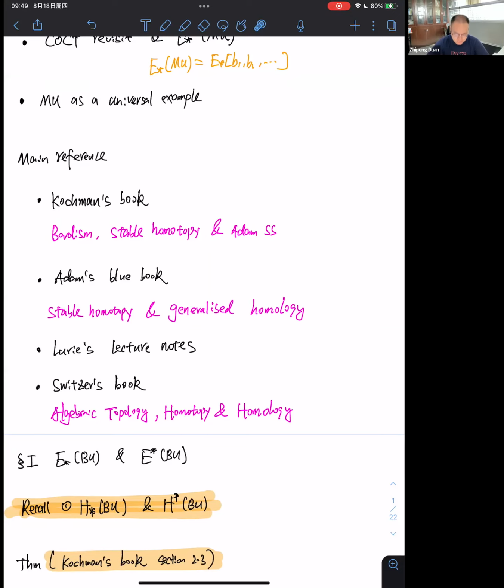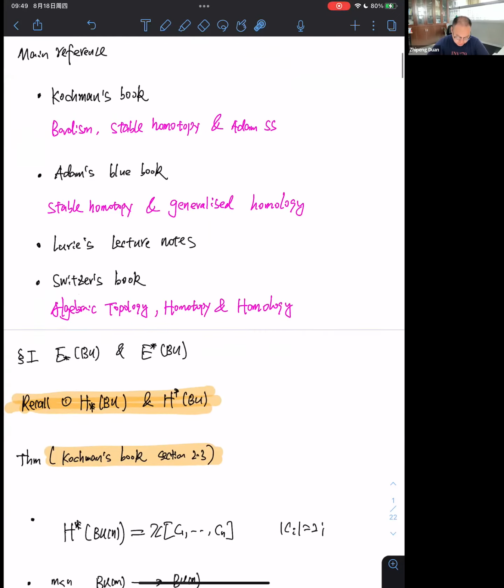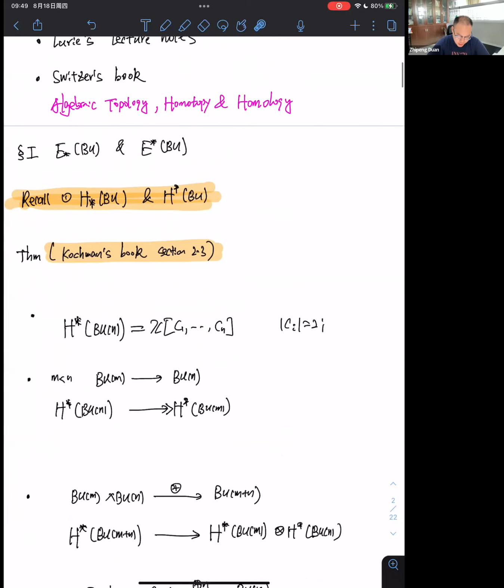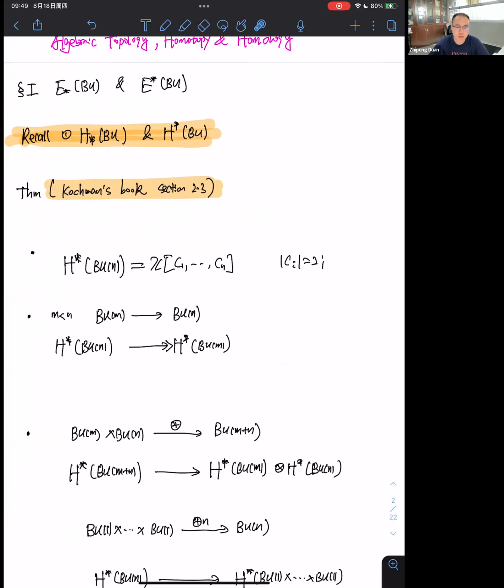So let's get started. In the first part, I will try to calculate the generalized homology and co-homology of BU, when E is a complex-oriented co-homology theory. In order to do these calculations, I will first recall several classical results.